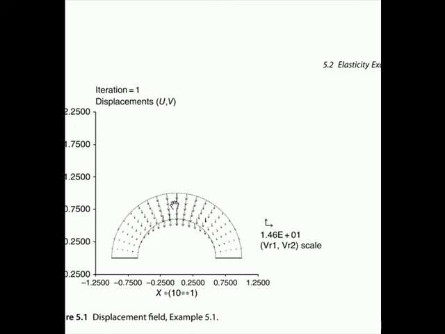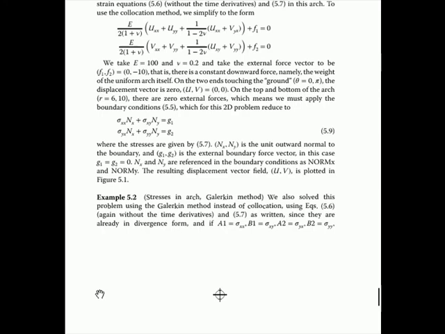So F is the vector 0, -10, and the boundary conditions are here where the arch touches the ground, u and v are going to be 0. It's glued to the ground there. The top and the bottom surfaces are going to be free surfaces, that is 0 boundary forces. So 0 displacements here and here, 0 boundary forces here and here.